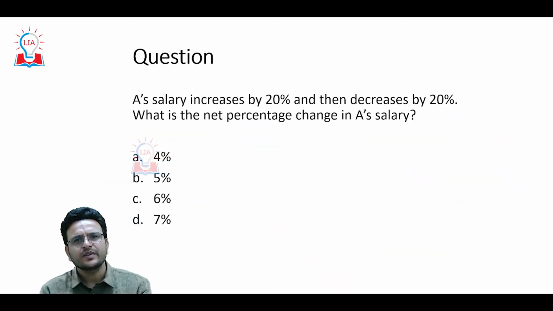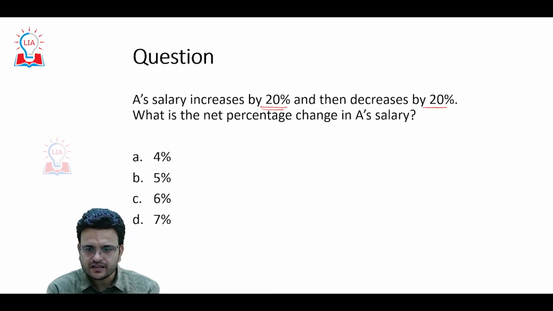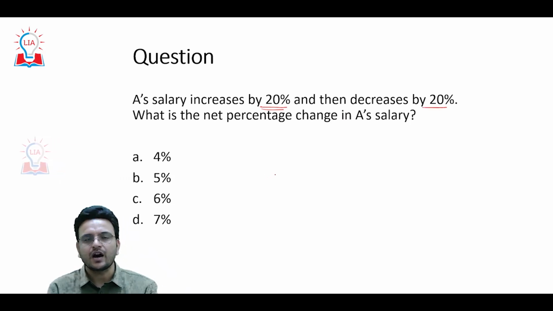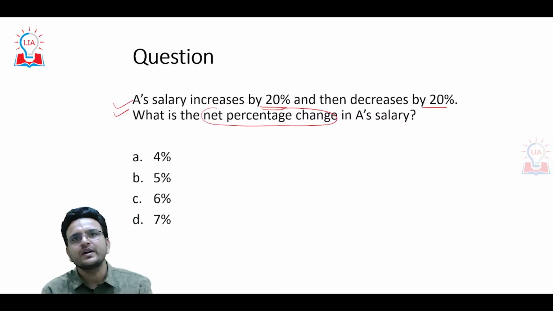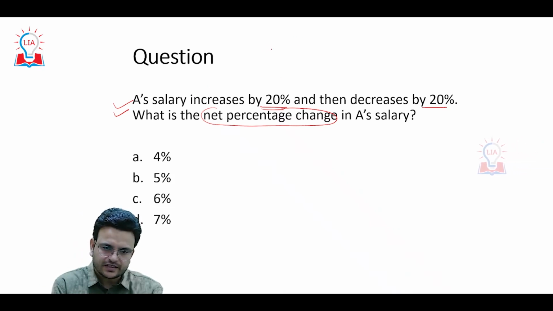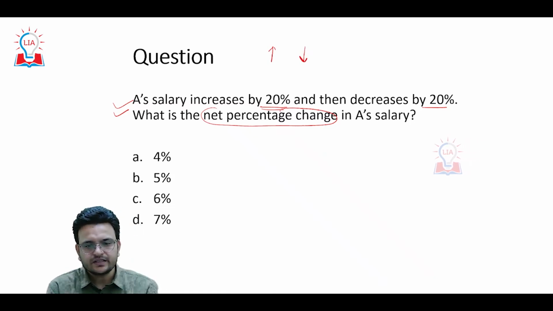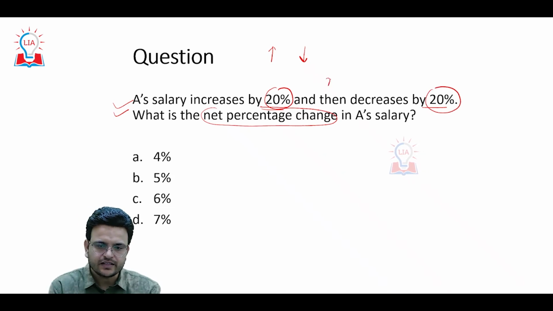Now we have to solve some questions. A salary has increased by 20% and then decreased by 20%. What is the net percentage change in salary? Whenever such questions come, there are two methods to solve them. One is just a formula. Whenever a thing first increases and then reduces by the same value, consider that value as x.